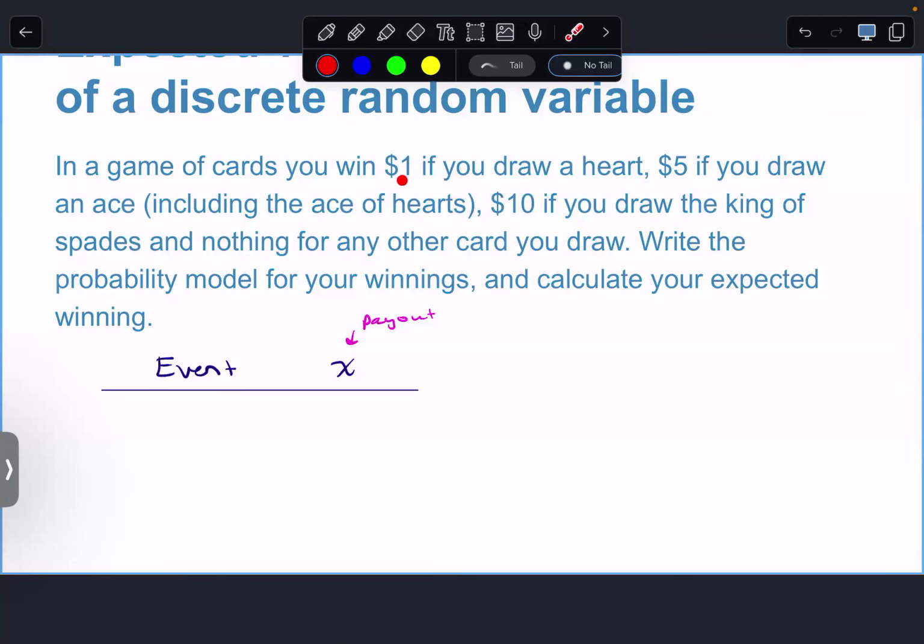If you draw a heart, but then we said, okay, but if you draw the ace of hearts, then you get $5. So it's excluded from this heart mess here. So not ace. You get $1.